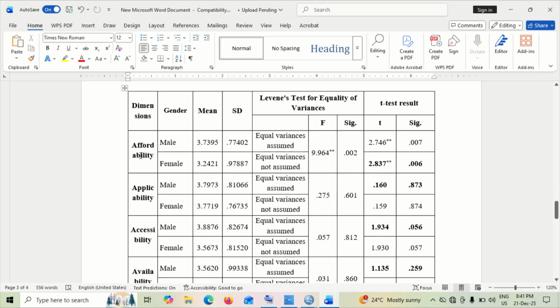And we have already discussed the result: in the case of affordability, equal variance is not assumed because the significance value is less than 0.05, and therefore the t value and significance value corresponding to equal variance not assumed is given in bold.